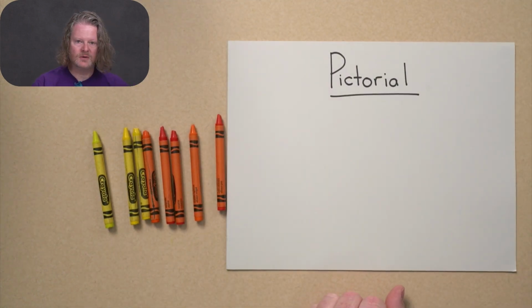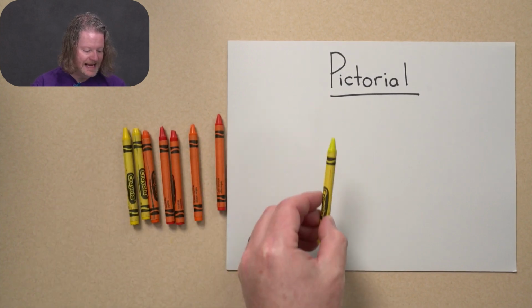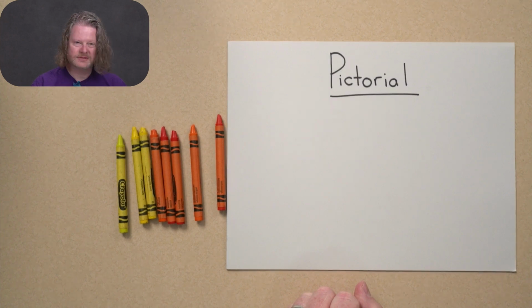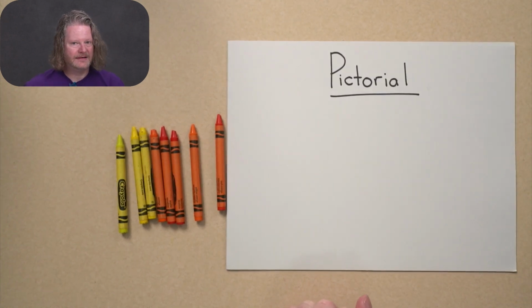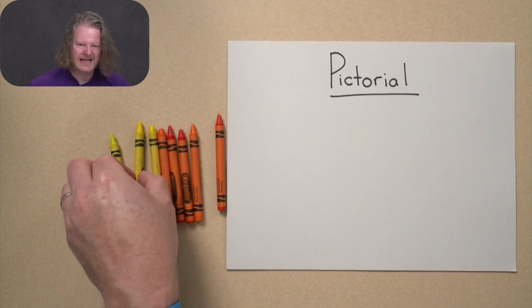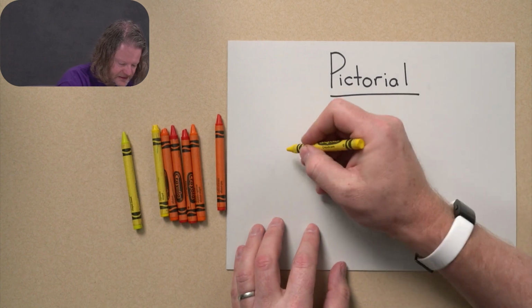Let's try pictorial. So instead of using the actual crayons, we're going to draw crayons. Now, children typically, when they model something, they want it to look like the real thing. So if I'm going to draw those yellow crayons, I might use a yellow crayon. So let's do this.